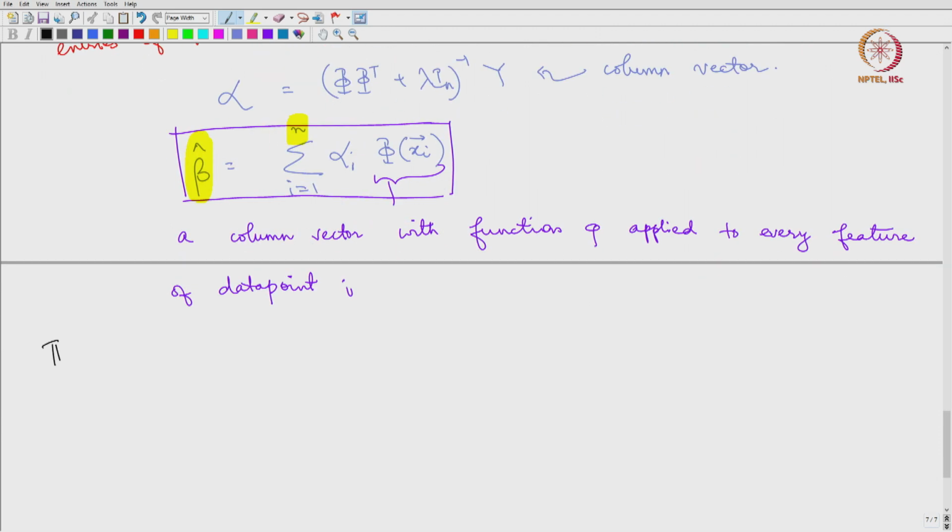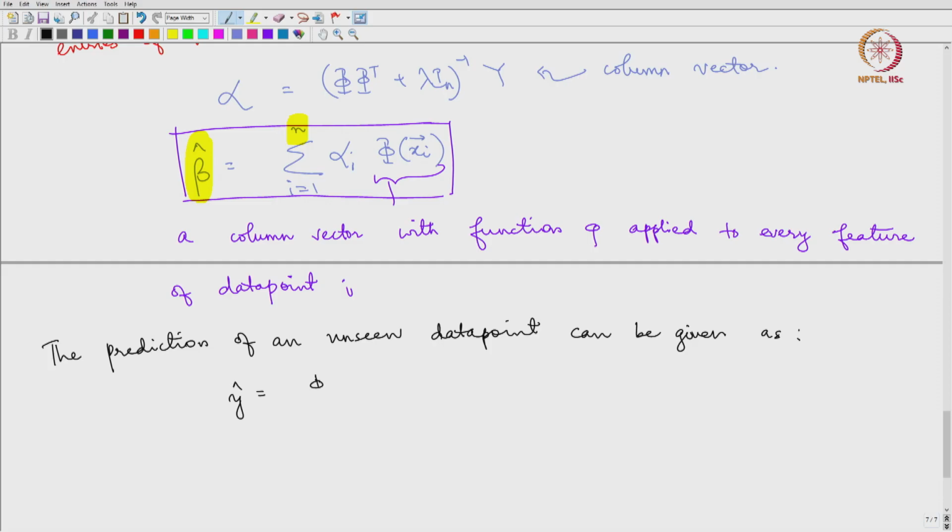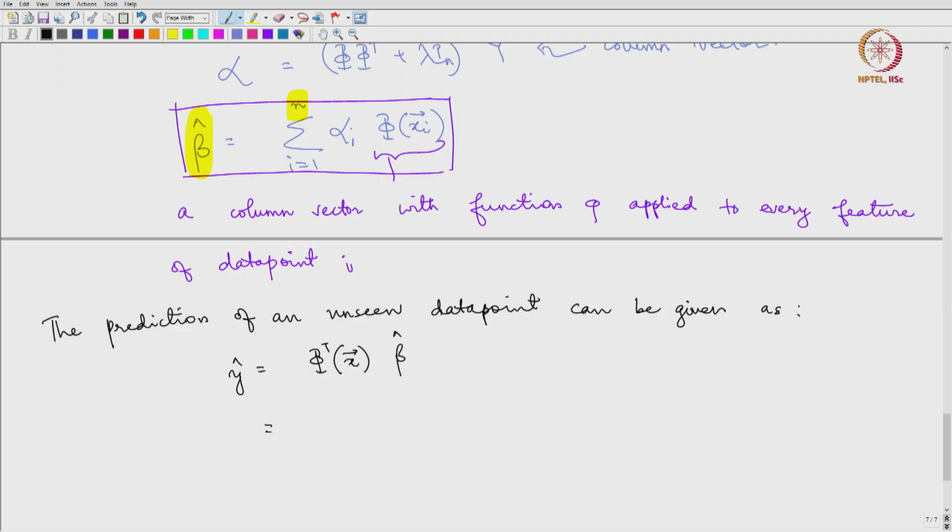So the prediction of an unseen data point can now be given as y hat is phi transpose x times beta hat. It is the inner product between the transformed features and your optimal set of parameters, and let us plug in beta hat here.